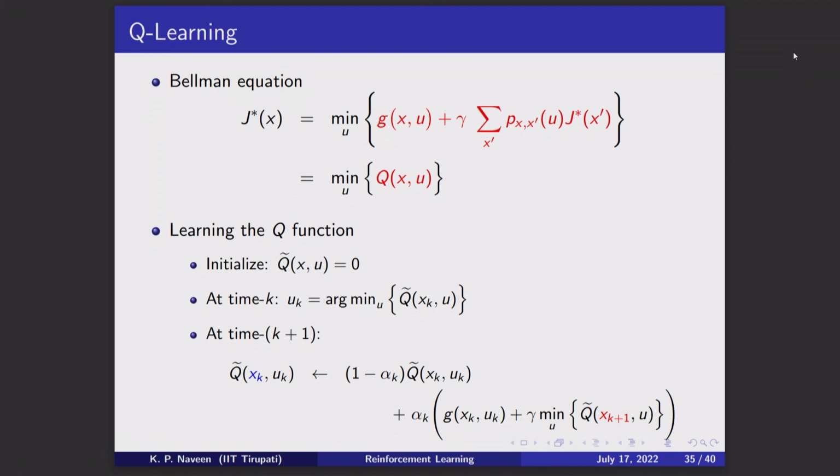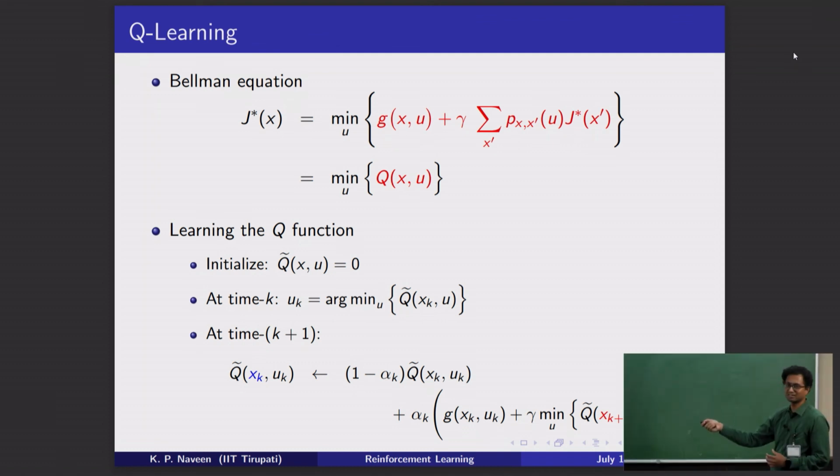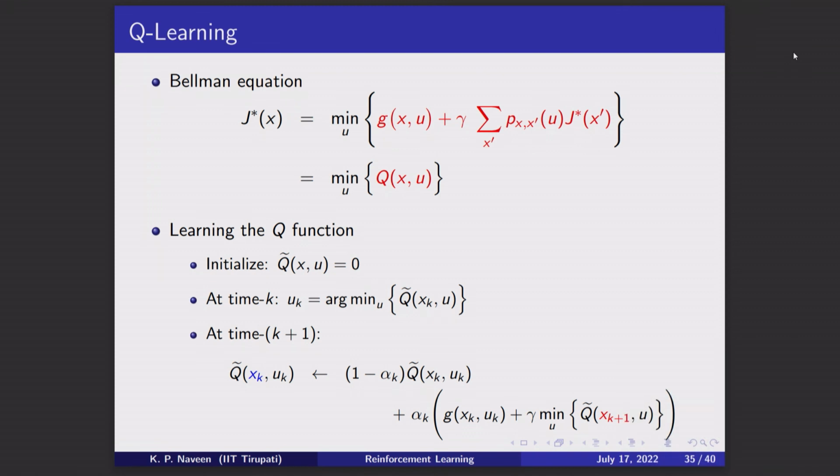Suppose old and new estimates are equal, then you will get back this equation actually. So this is an approximation for this particular equation. Once all the Q values have converged, you will essentially get back this Bellman equation. That's the essence of this update equation.